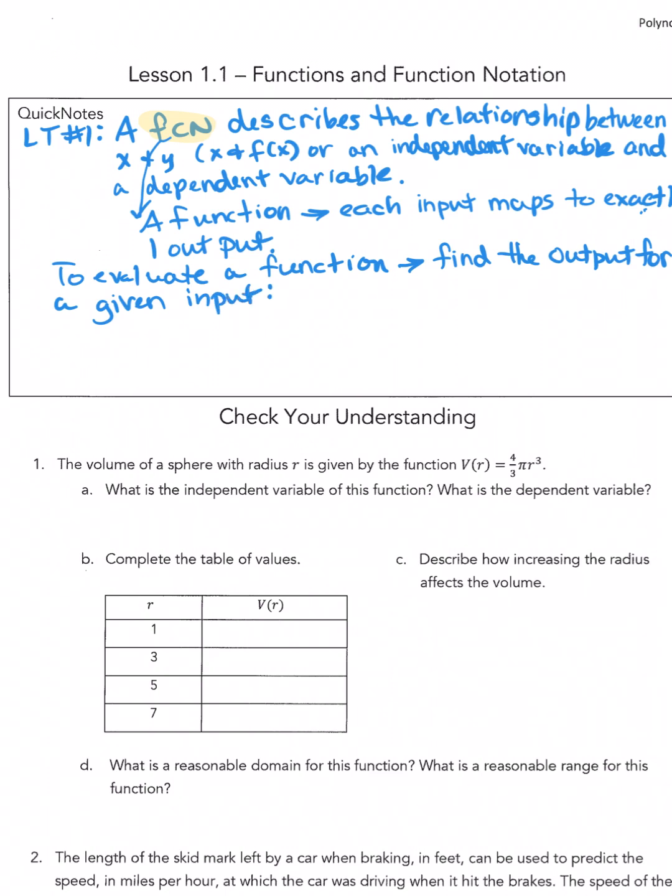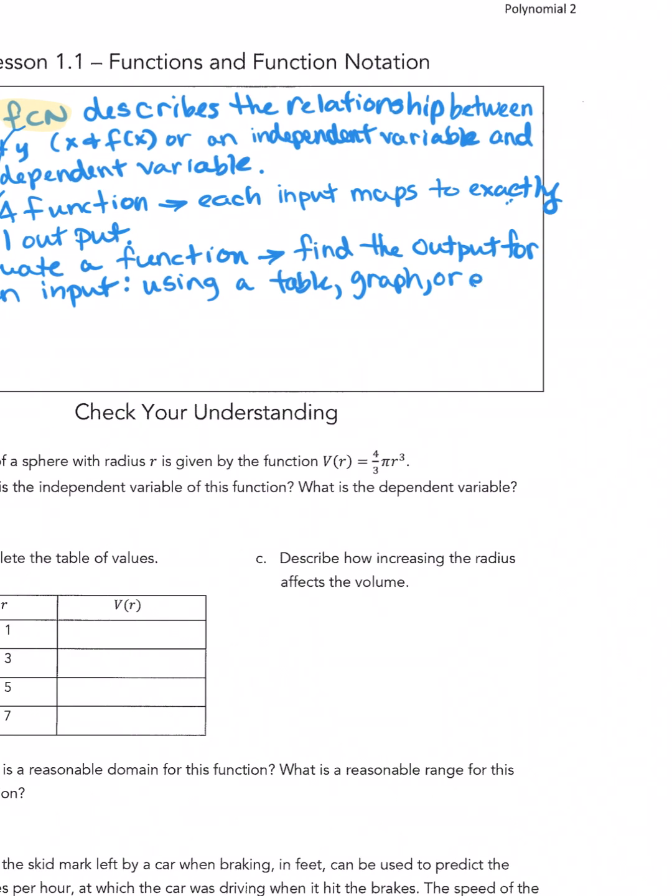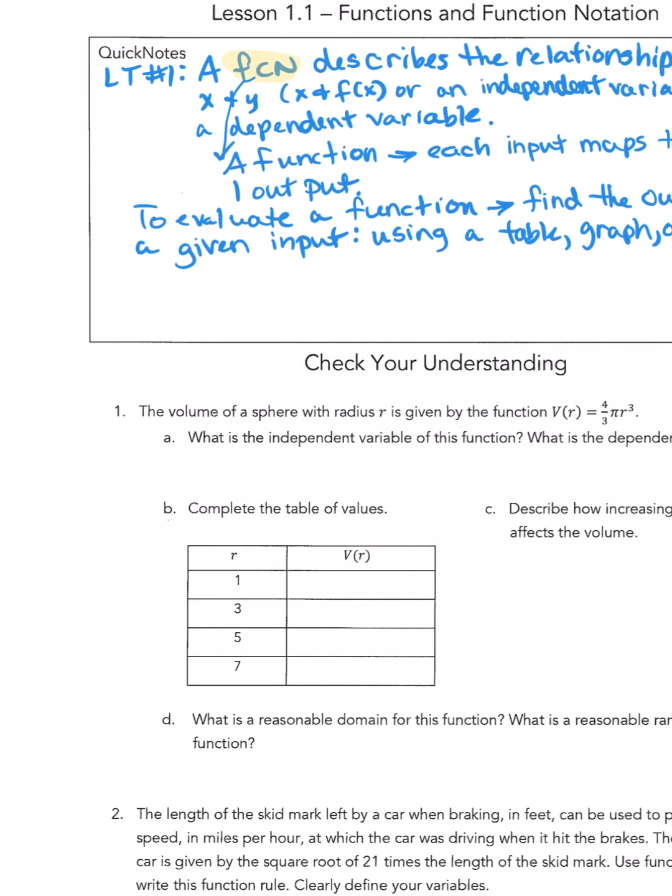The first thing we did was we used a table. Or a set of ordered pairs, right? The second way we did it was looking at a graph. And the third was using an equation. So there's 3 different representations that we can have here. All right, so learning target 2, doing a different color here.